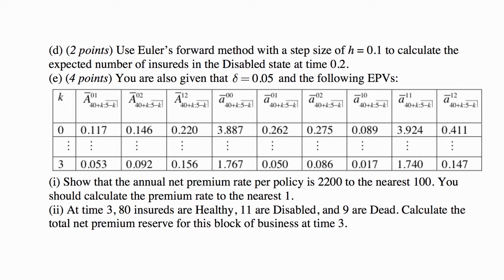Next one is a bar with 10 superscript. That's for the person who is disabled right now, and the annuity is paid continuously while the person is healthy, so in state 0. The next one is a bar 11 in superscript.